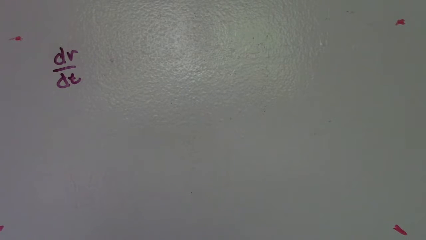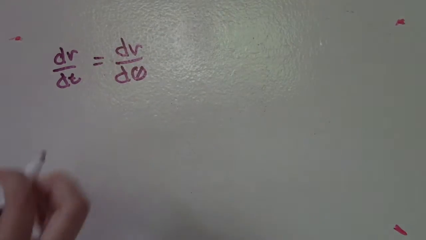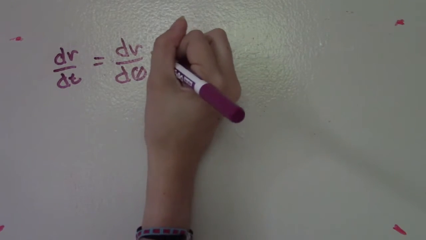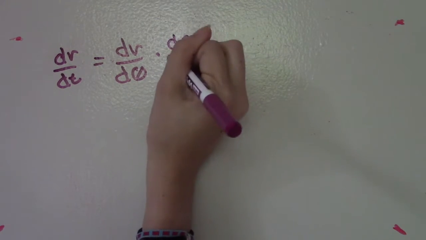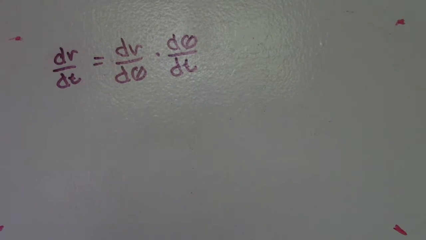However, if we were to take the derivative of our r, it would be with respect to theta, which is not equal. But they also give us d theta over dt, so if we multiply these two derivatives, the d thetas will cancel out and it will give us our dr over dt.